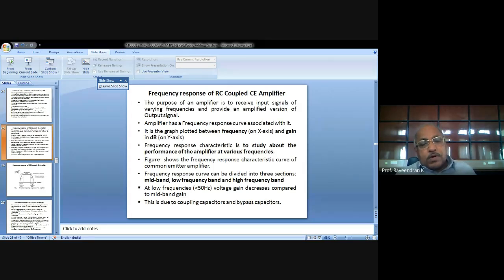Every audio system is supposed to work between very low frequency audio signals and very high frequency audio.